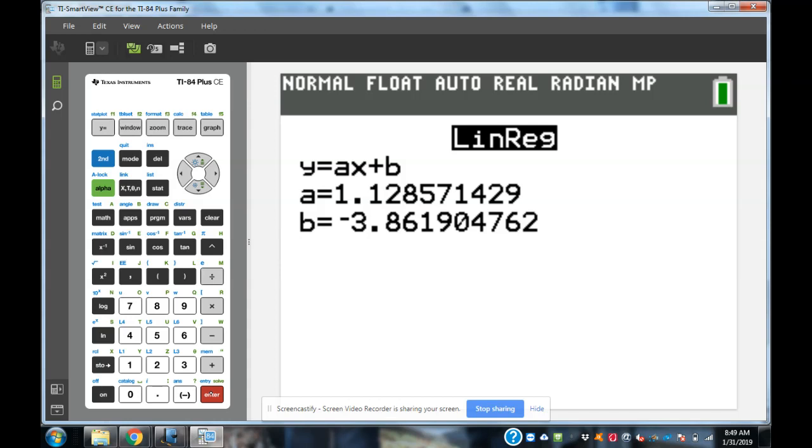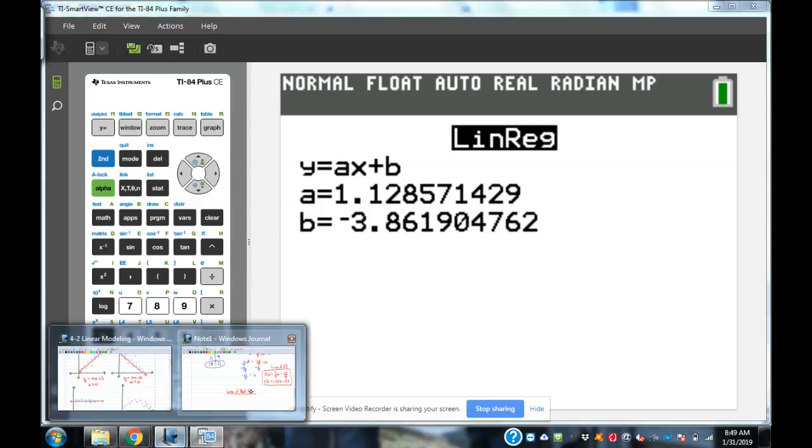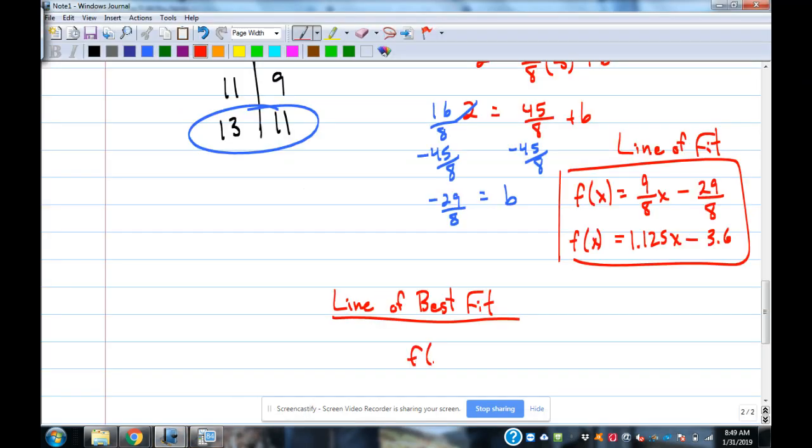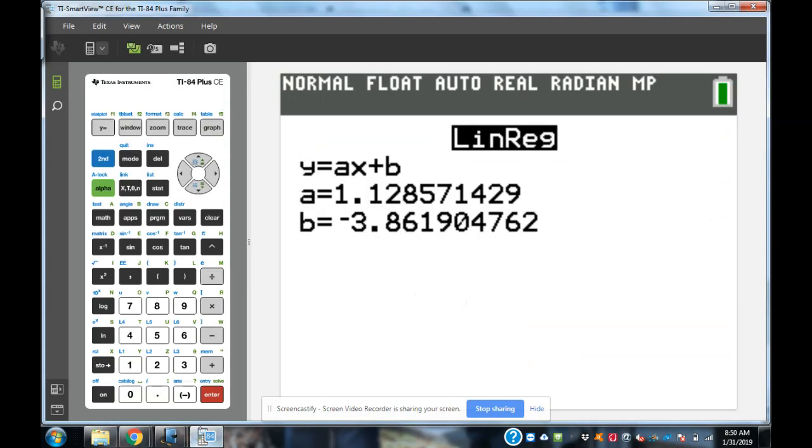And we're going to round to 2 decimal places. So the slope is what? 1.13. The Y-intercept, negative 3.86. So f of x is equal to 1.13x minus 3.86.